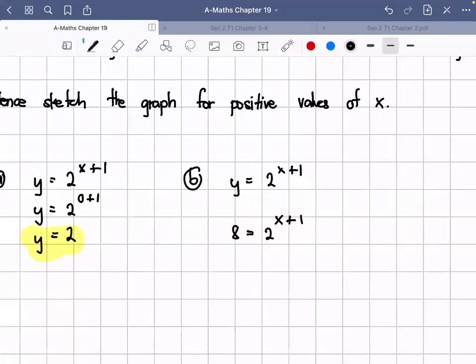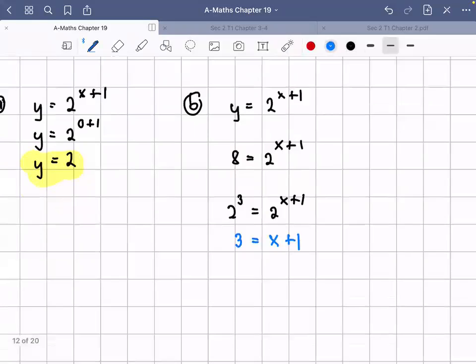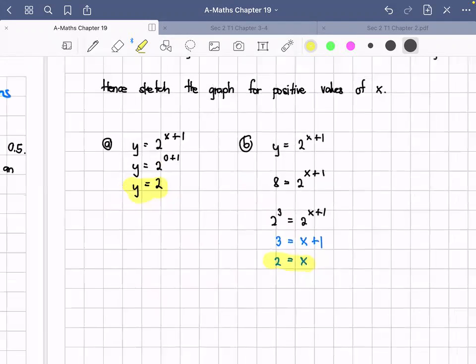All right, so this is 2 cubed, equals 2 raised to x plus 1. Again, if the bases are equal, that means your indices are also equal. So with that, we have 3 equals x plus 1. Therefore, x is equal to 2. You recall this topic now? So that is letter B.